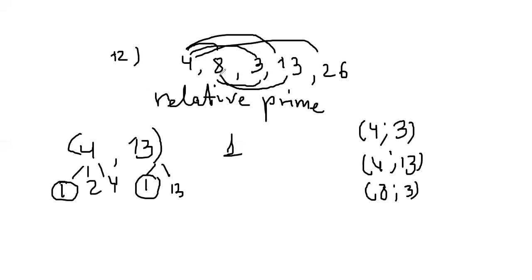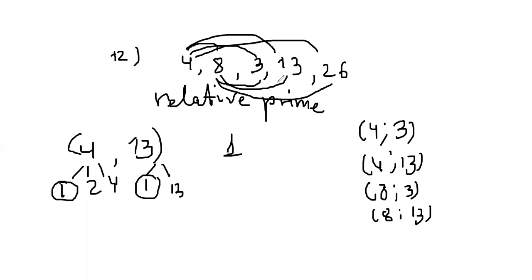At the same time, 8, 13, again their common divisor is only 1. And 8, 26 should not be considered here because they have other divisors. At least they are divisible by 2.